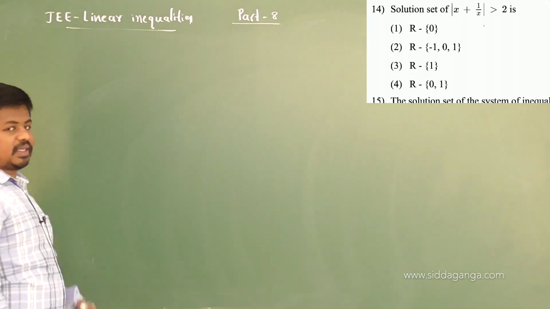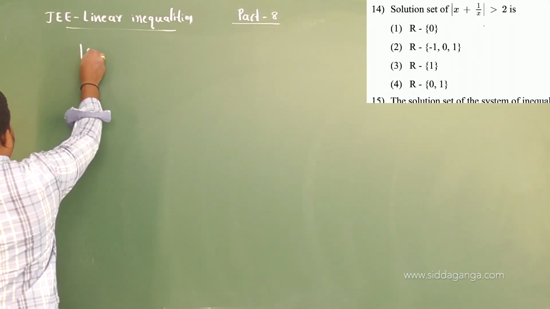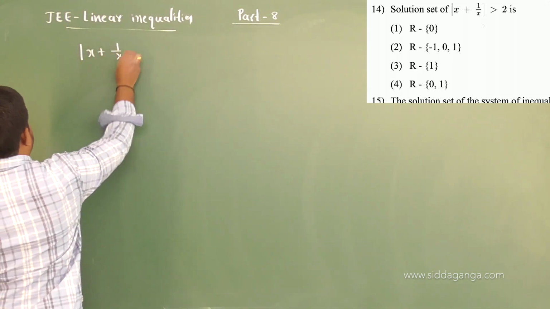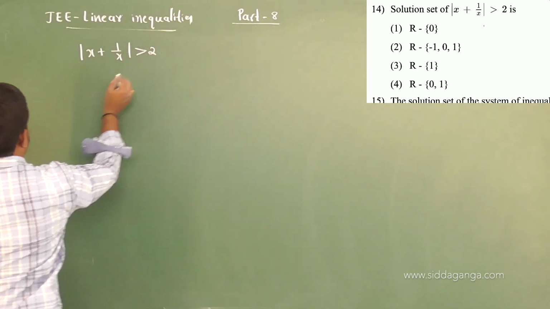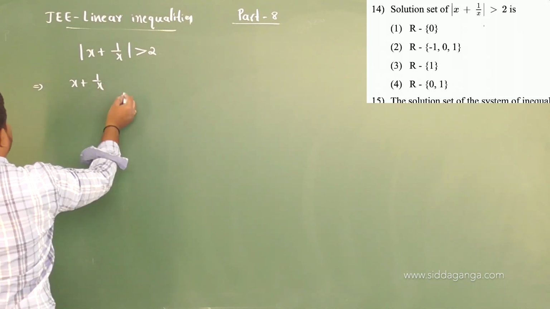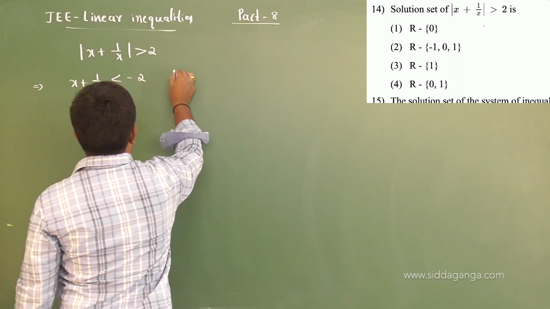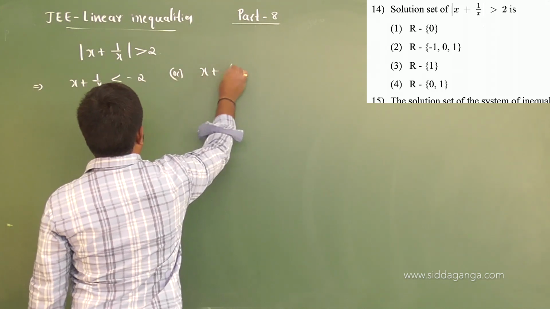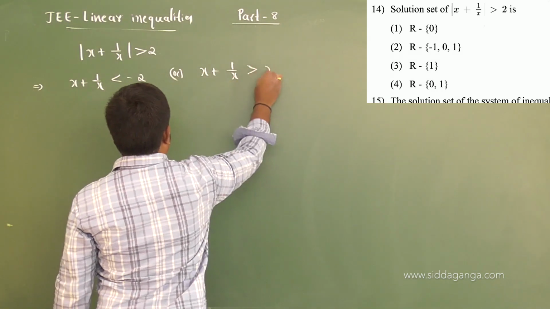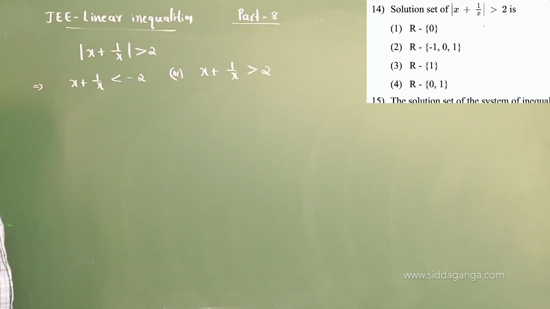I can rewrite this by using the result: mod of (x plus 1/x) greater than 2 is same as x plus 1/x less than minus 2 or x plus 1/x greater than plus 2, using the result mod of x greater than a true only when x less than minus a or x greater than plus a.